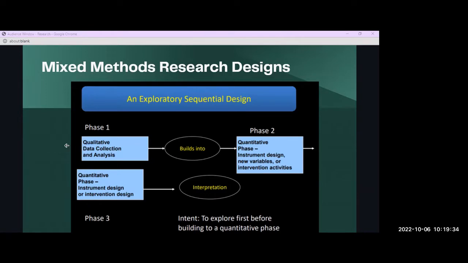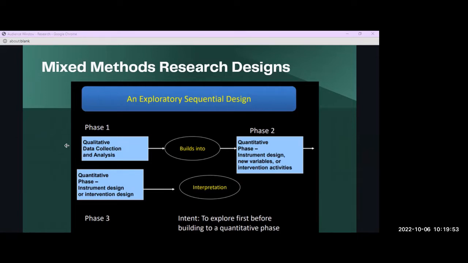Then later on, the next phase will be the quantitative phase. And after the quantitative phase, there will be a phase 3, which is the production, the development, for example, of a tool.